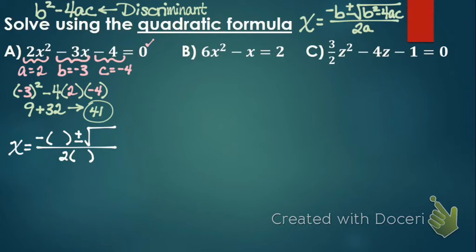Negative 3. I'm really bad about missing signs, which is why I do this, so that I see really clearly what is going to happen right there. What jumps out to you about this? Yeah, I'm going to end up with a positive 3 right there because I have a negative and a negative.